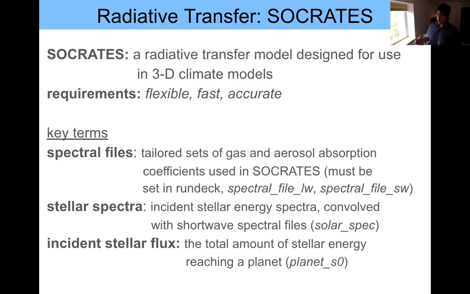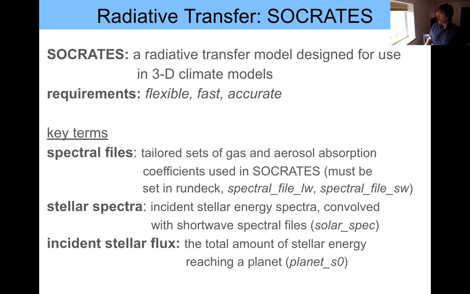So what is a spectrophile? The way Socrates works, and this is both a strong asset, but it also can be a source of confusion, is that there isn't just one master set of absorption coefficients in Socrates that you use for all cases. In the next slide, I'll point to the Google Doc file that lists all of these. We have numerous different spectrophiles that have been tailored to specific use cases.